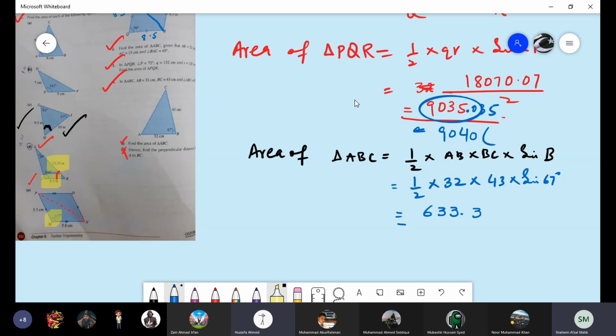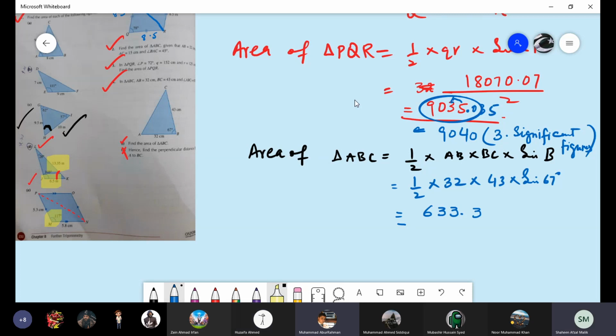We have to write up to 3 significant figures, so when we round it off, we increase one number before the decimal value. So it will be 9040. That's why your answer is correct, but you have to convert it into 3 significant figures. If it is not mentioned in the question, then you can write 9035.